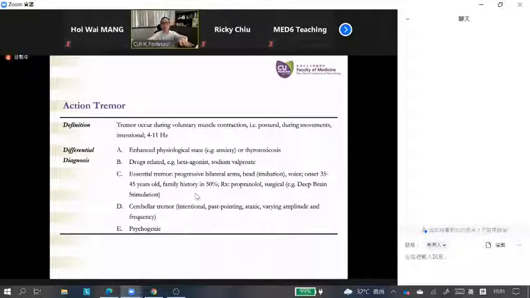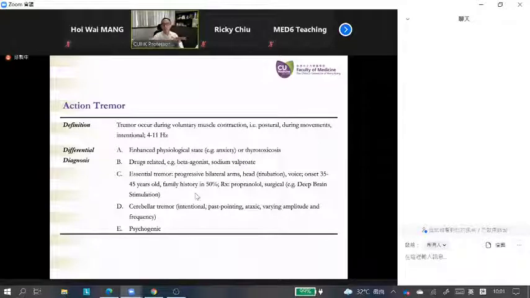But for essential tremor, it's bilateral, affecting the arms and the head. The head will have this nodding, titubation, yes, yes, yes, always yes. And the voice is tremulous. So the patient may have full-blown limb, leg, head, and voice tremor.